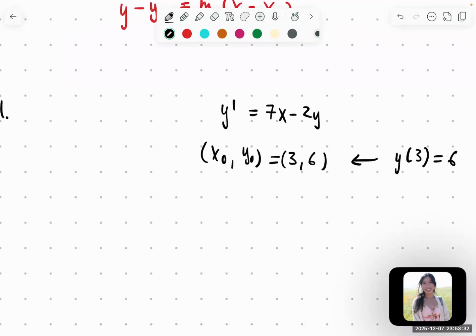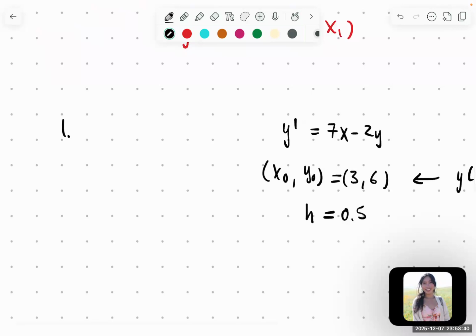The last thing we want to note down is our step size, which for this one is 0.5. That is our step 1, just writing down the information.